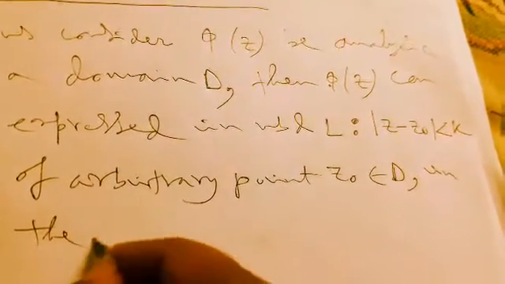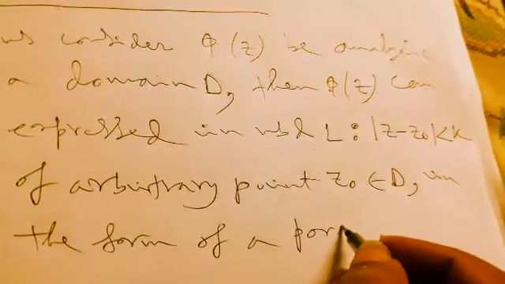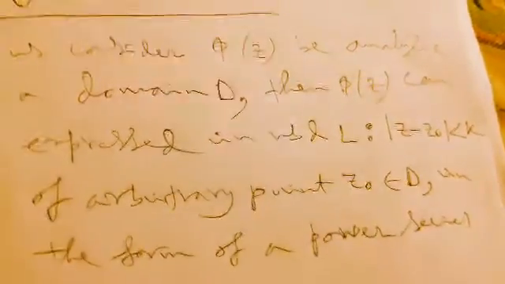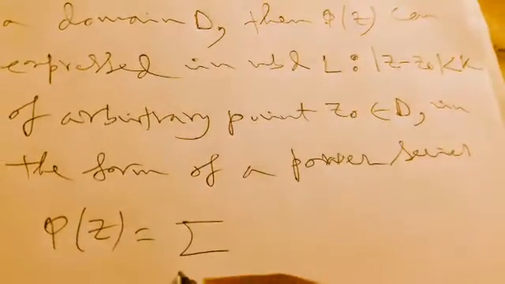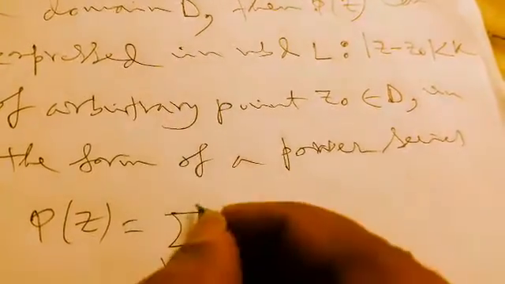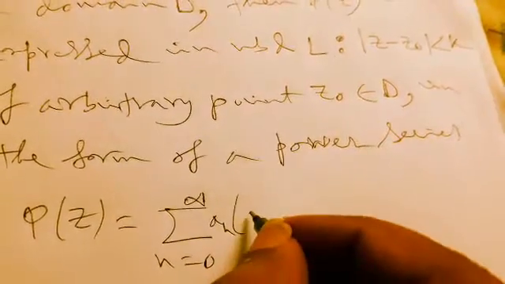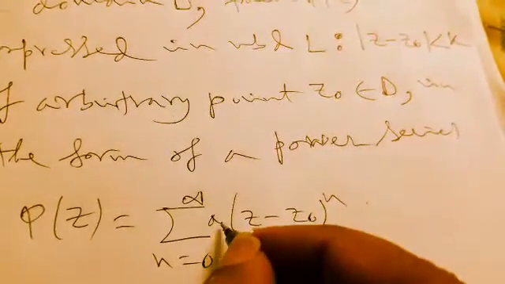expressed in the form of a power series, that is, the power series of phi of z can be the sum n equals 0 to infinity of a n into z minus z0 whole to the power n.